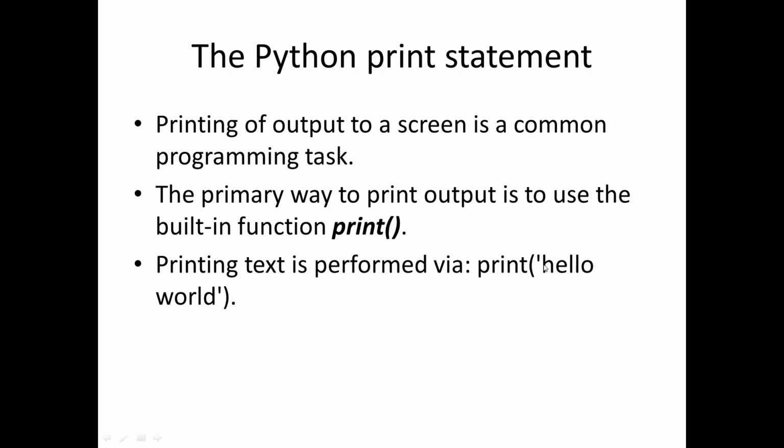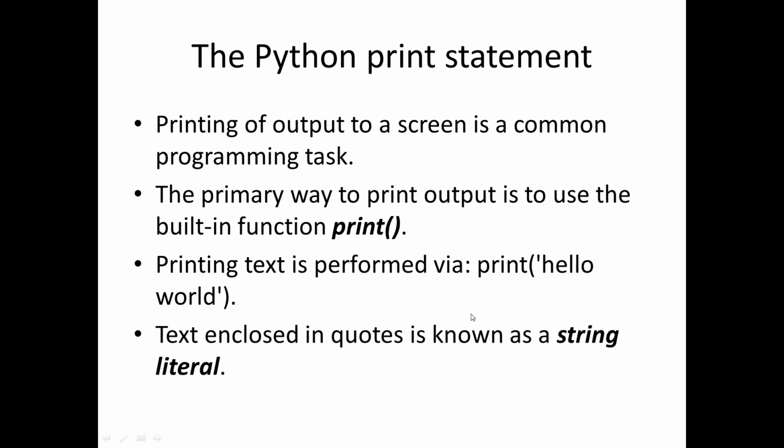In this particular case, we're printing what's called a string literal. This means we literally want to print hello world. And to designate that this is a string literal, we put it inside of quote marks. So text enclosed in quotes is known as a string literal.